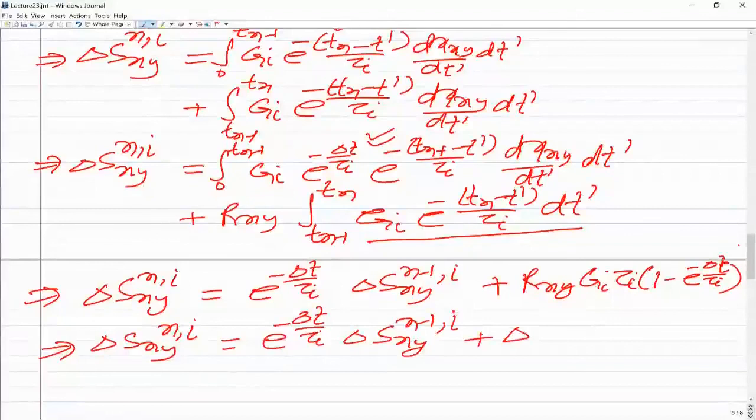So you can write delta gamma xy into gi tau i upon delta t into 1 minus e to the power minus delta t upon tau i.